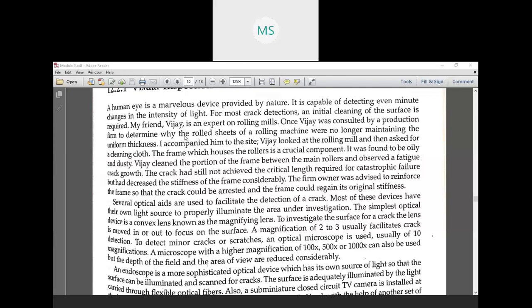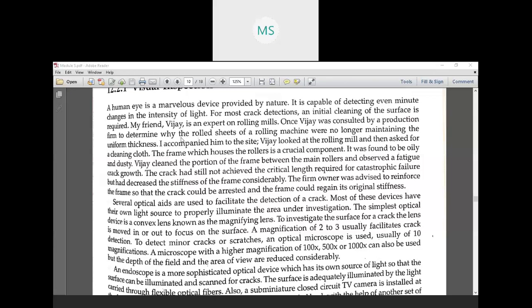So what happened is, here it's given an example that there was a roll mill, through which, when the plates were rolled out, they found that there is subsumption of the dirt and dust on the portion of the plate, because of which, because of the rough surface on the plate, the cracks started forming, or the cracks started initiating.